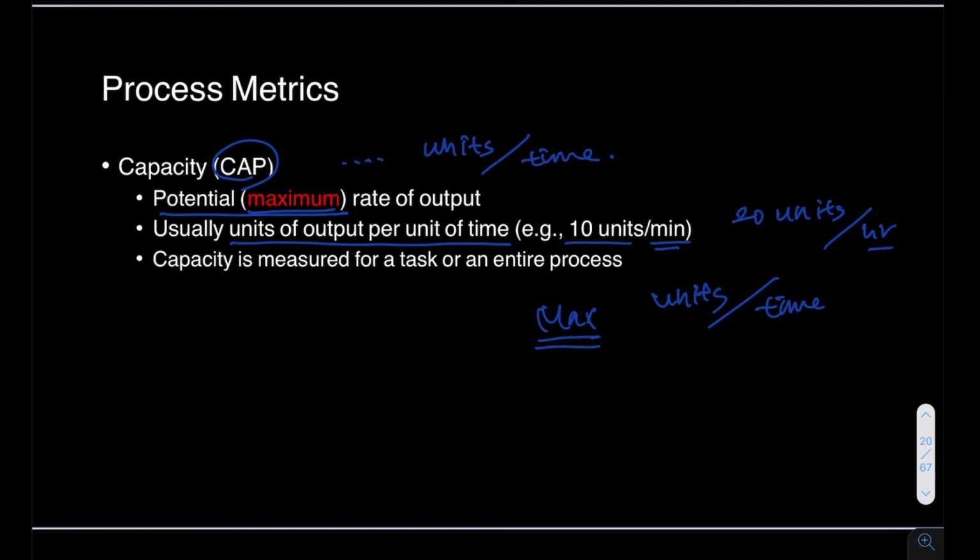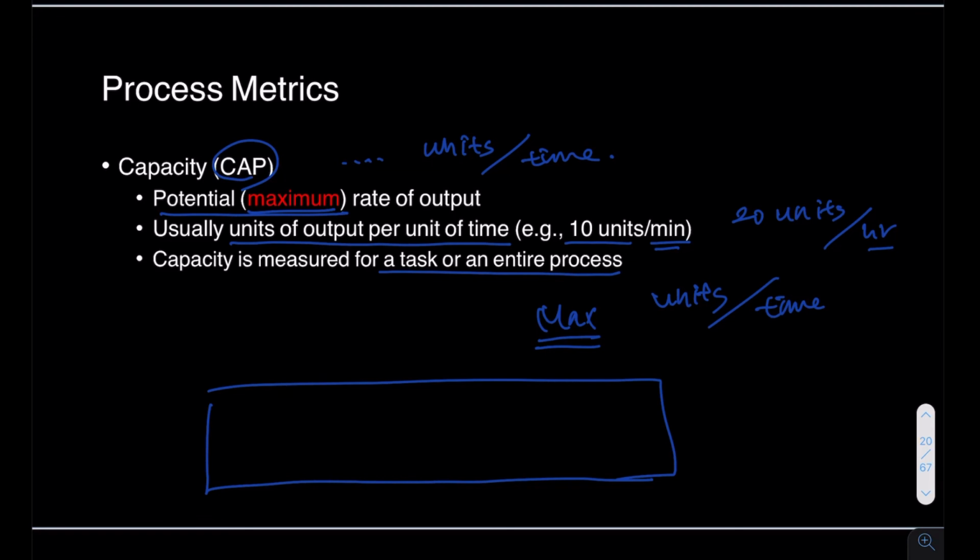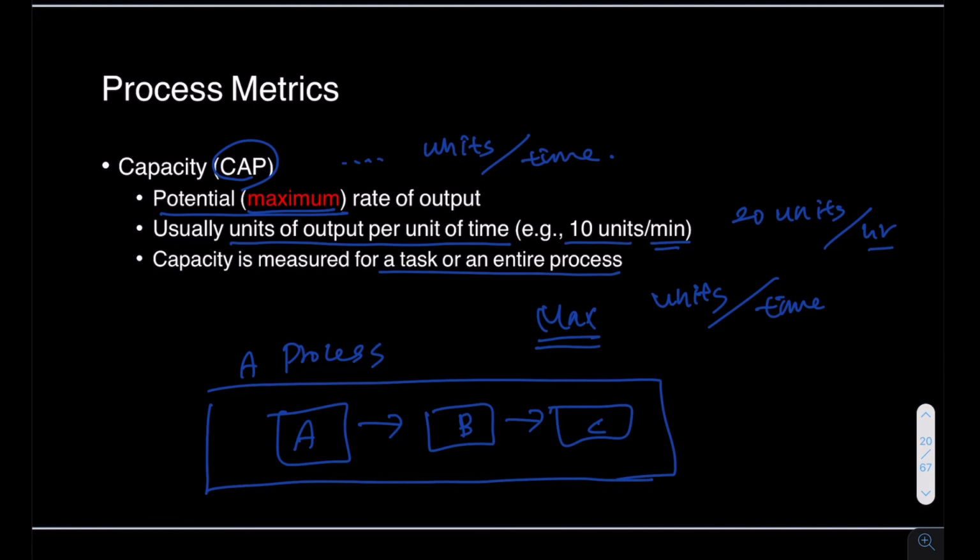Capacity is measured for a task or an entire process. What this means is, if there is a process, inside the process we have different tasks, right? So for each task, let's say A, B, C, each task or each machine may have different capacity.